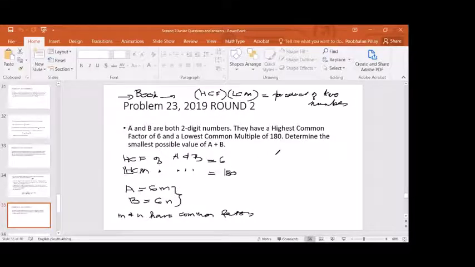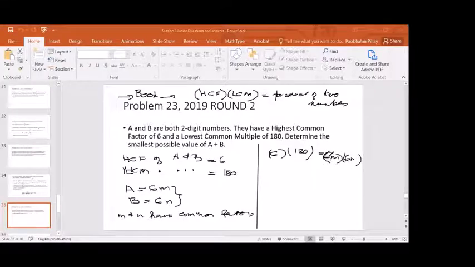Now I'm going to take the HCF times the LCM, using the little fact that we had here. Multiply these two. We know 6 times 6 is the HCF multiplied by the LCM, which is equal to the product of the two numbers. The two numbers are 6M and 6N.